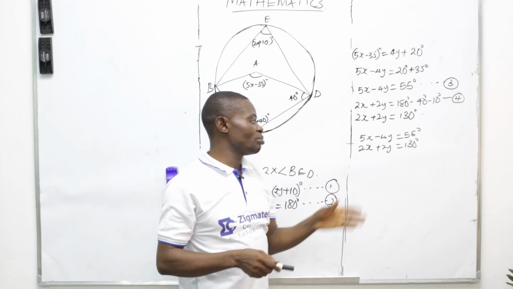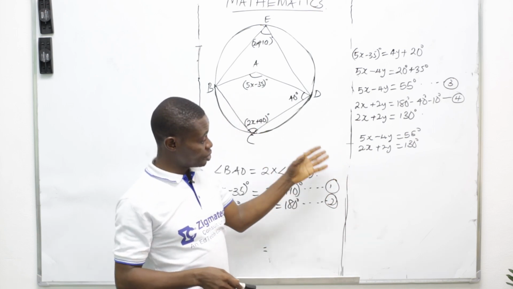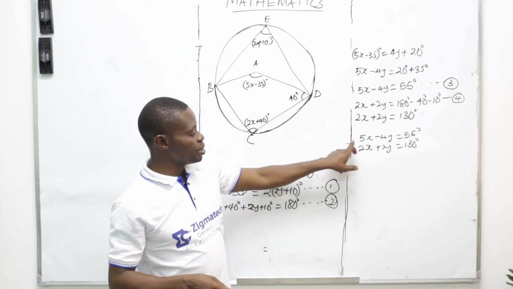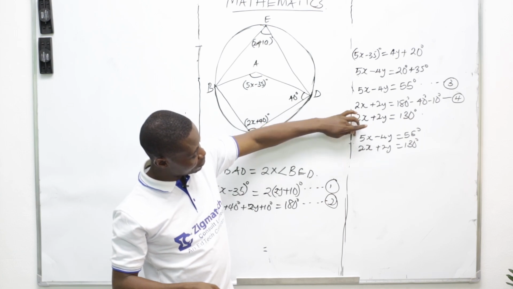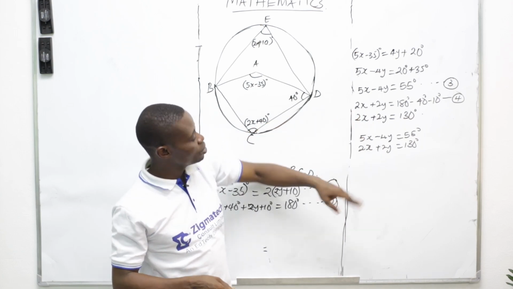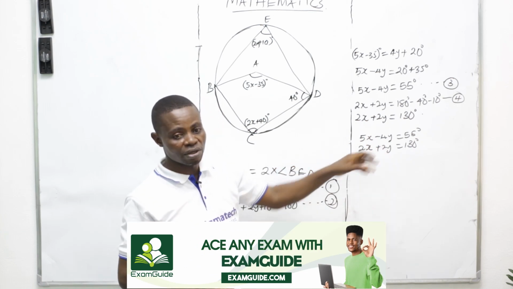Now, using the elimination method or any method of your choice, you can use substitution. It's a choice. But here, I want to make use of elimination. I'm checking the coefficient of x here is 5, that of x here is 2. They are not equal. That of y is minus 4, and here is 2. They are not equal.